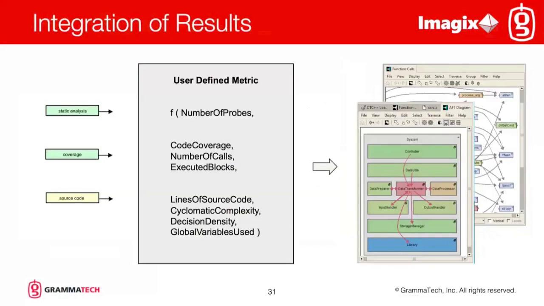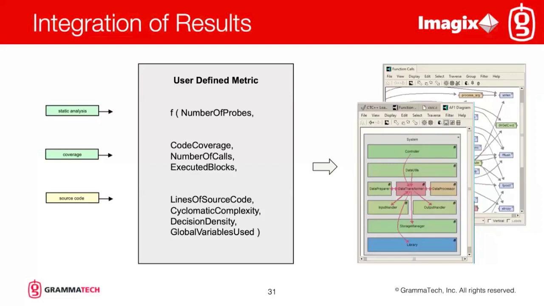What I want to show here is that if you remember my early slide, Imagix 4D has the information that's brought in from the source code, but then it brings in the information from the static analysis, and it brings in the information from the code coverage. You're actually able to define your own metrics.